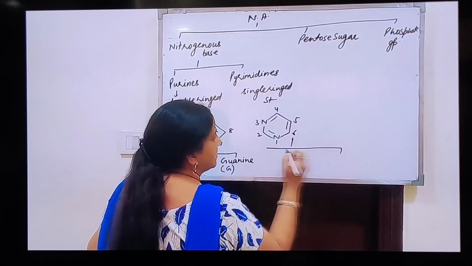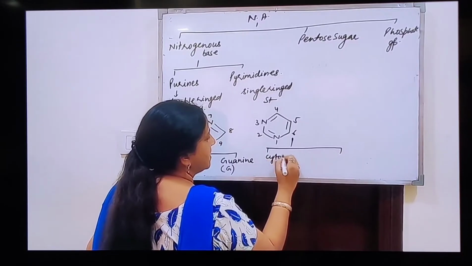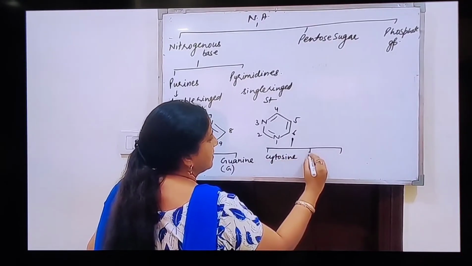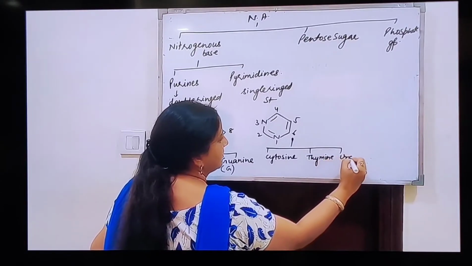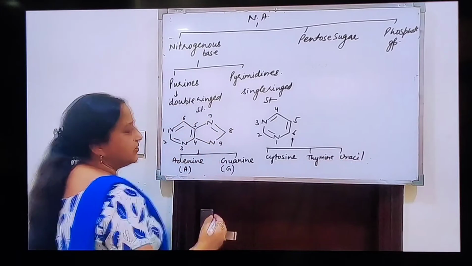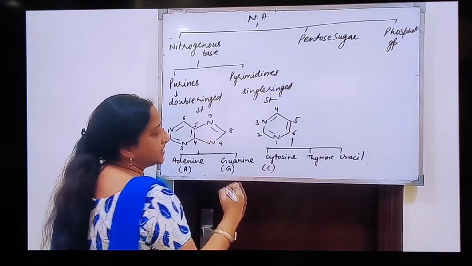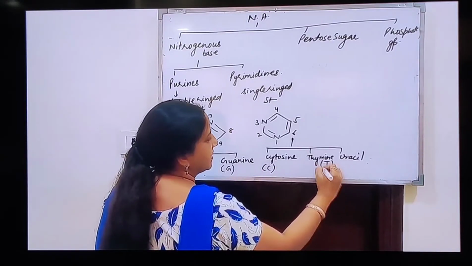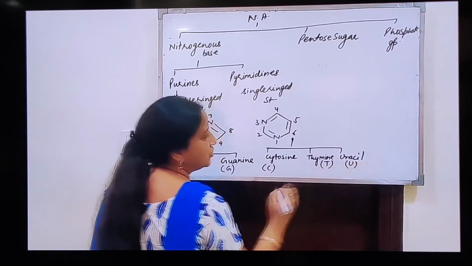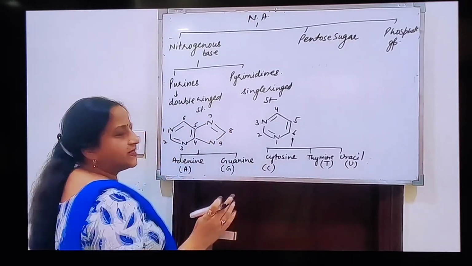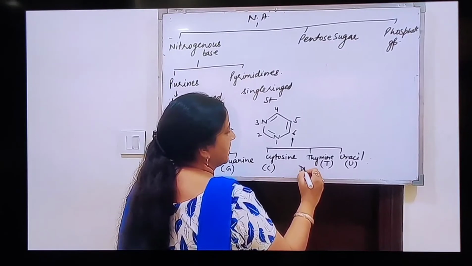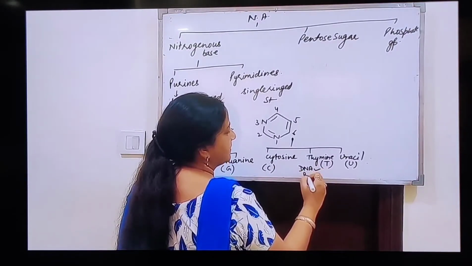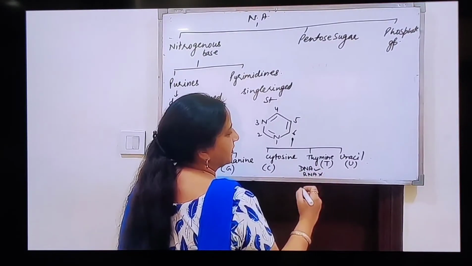Pyrimidine is of three types: cytosine, thymine and uracil. Cytosine is represented by C, thymine by T and uracil by U. Cytosine is present in both DNA and RNA, whereas thymine is present in DNA and absent in RNA.